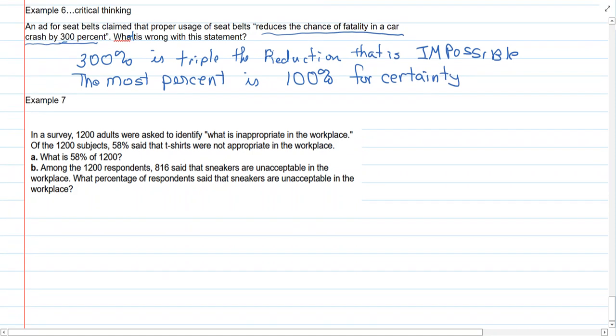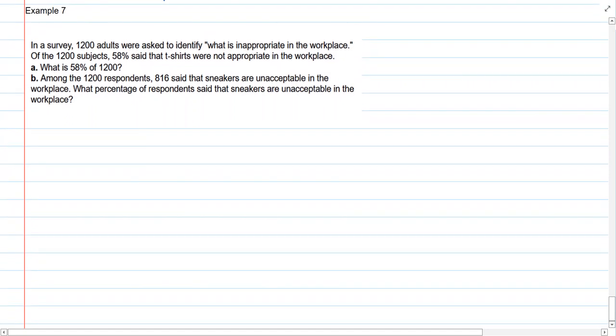All right, here's our last example, and then we will continue on in our study. So here we go.